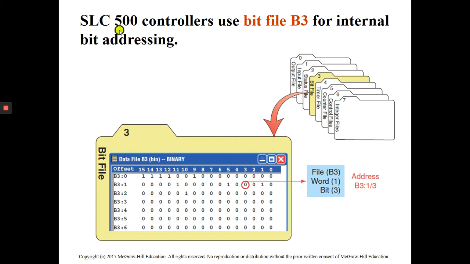So for the SLC 500 controller, we use bit file B3. So we can find B3, B3 1, B3 2, B3 3, B3 4, and so on. As you can see here, B3 0, B3 1, 2, 3, 4, and 5 in the bit files.